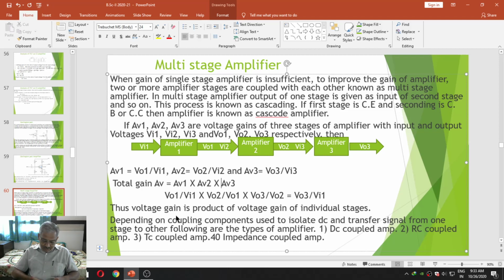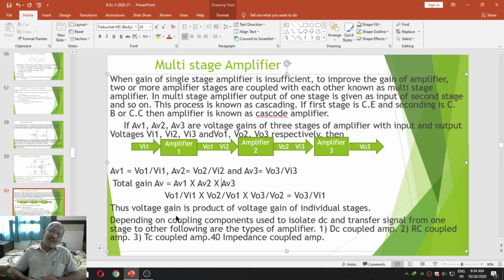One is DC coupled amplifier, known as direct coupled amplifier, where output of first stage is coupled directly to the input of second stage without any coupling component, and especially it is used to amplify the DC level frequency signal, and that's why it is called as direct coupled amplifier.